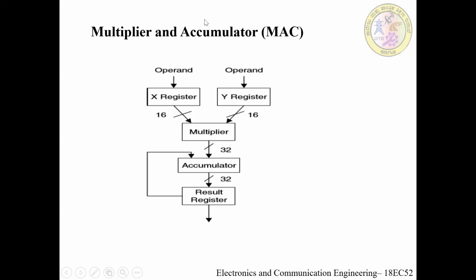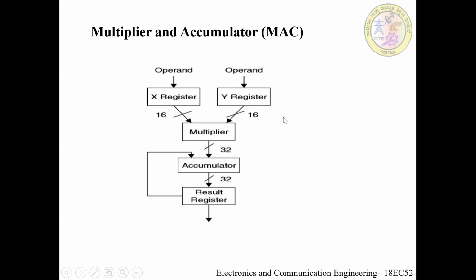If we consider this MAC unit which is available in our digital signal processor, once these 2 operands, that is, the multiplier as well as the multiplicand, are made available to the X register as well as the Y register, within a single cycle we can expect the multiplied output in the accumulator. Whatever previous result is present in the accumulator gets added with the present product which we obtain here.